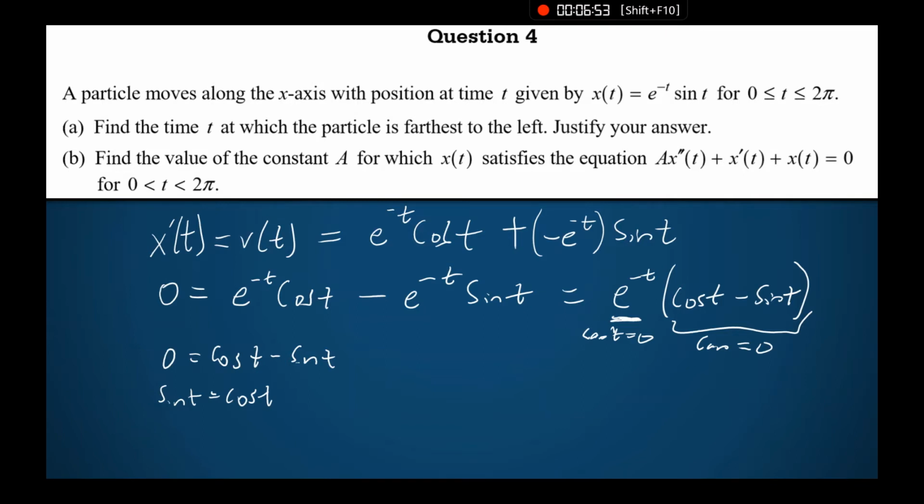Okay, so for what angles on the unit circle is the sine equal to the cosine? I want to know what angles on the unit circle is the sine equal to the cosine?